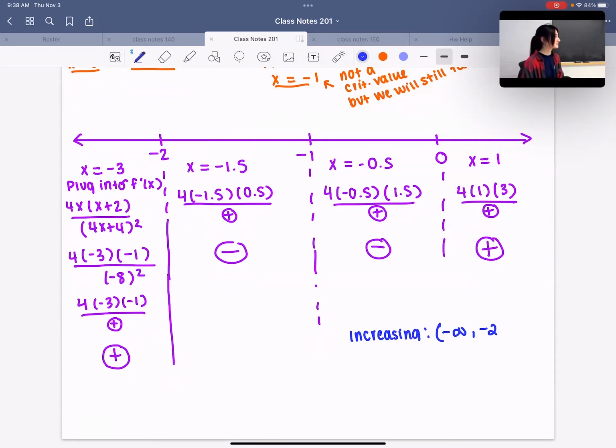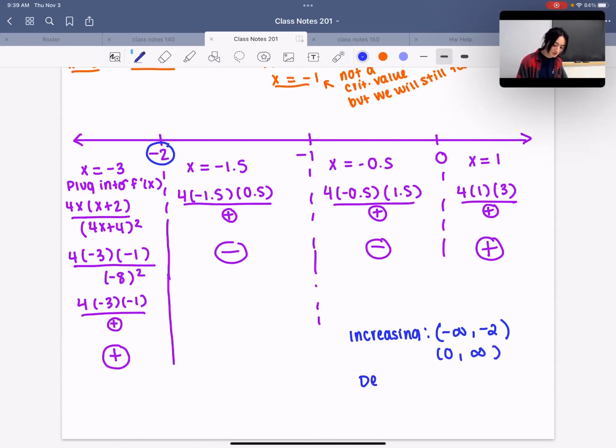It's actually always a parentheses, right? Because at -2, our derivative is 0, right? We're only interested in where the derivative is negative, where the derivative is positive. So for these questions, we're actually always using parentheses, okay? We also have a positive between 0 and positive infinity.